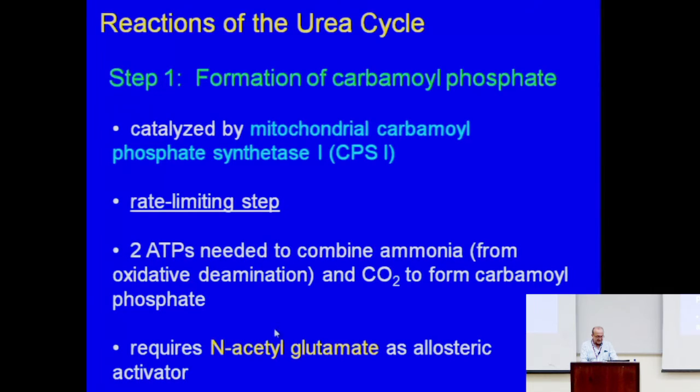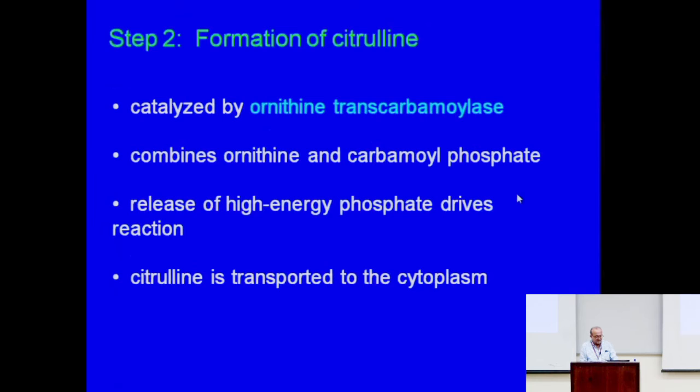This is a derivative of an amino acid, glutamate, which binds to this enzyme allosterically and activates it. Okay? So you absolutely need some of that to be there in order for this first enzyme to work. We'll talk about this molecule a little later and how it's made.